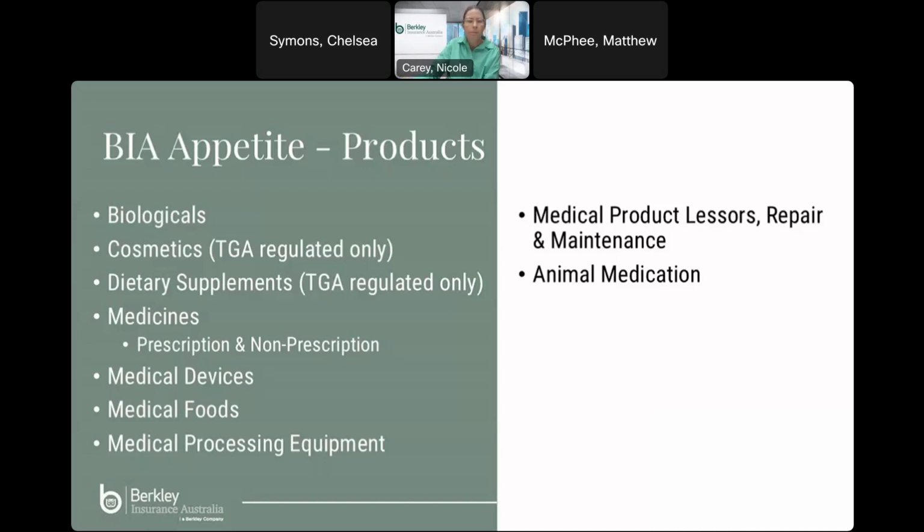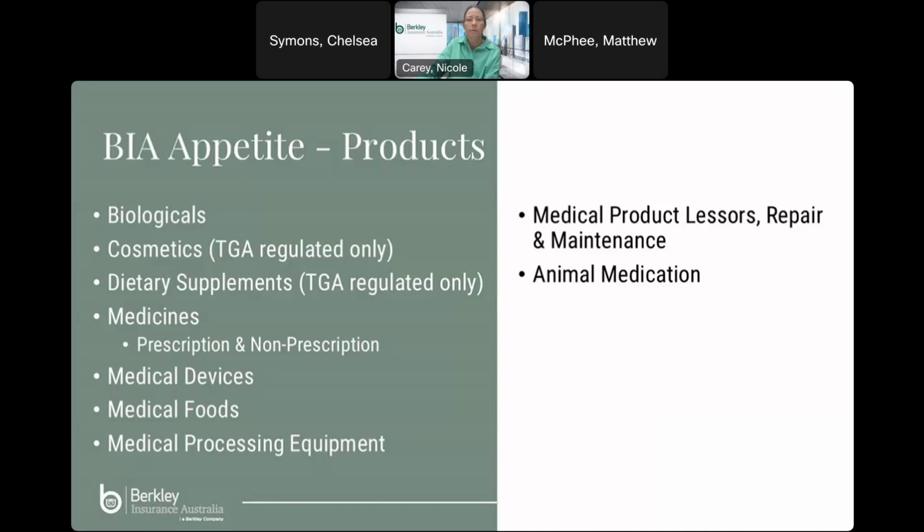The next product we've got there are medicines, so that covers prescription and non-prescription, so that'll cover your complementary over-the-counter medicines like your vitamins and things like that, as well as pharmaceuticals that you require prescriptions for to buy.